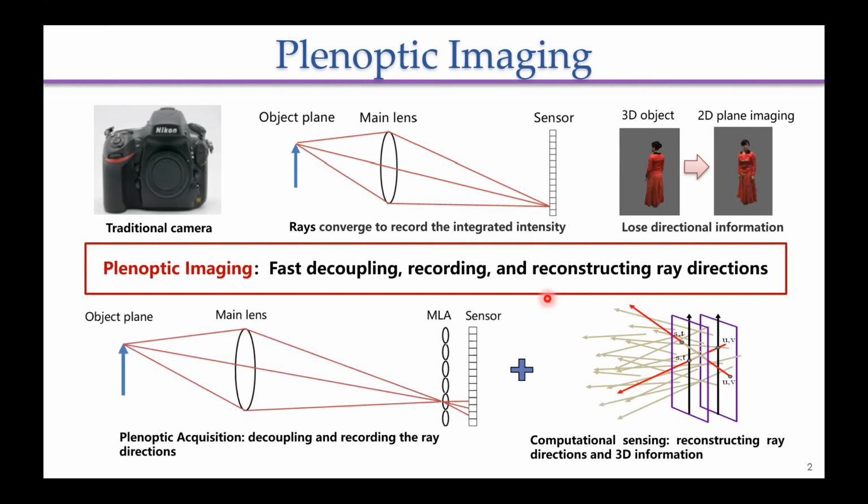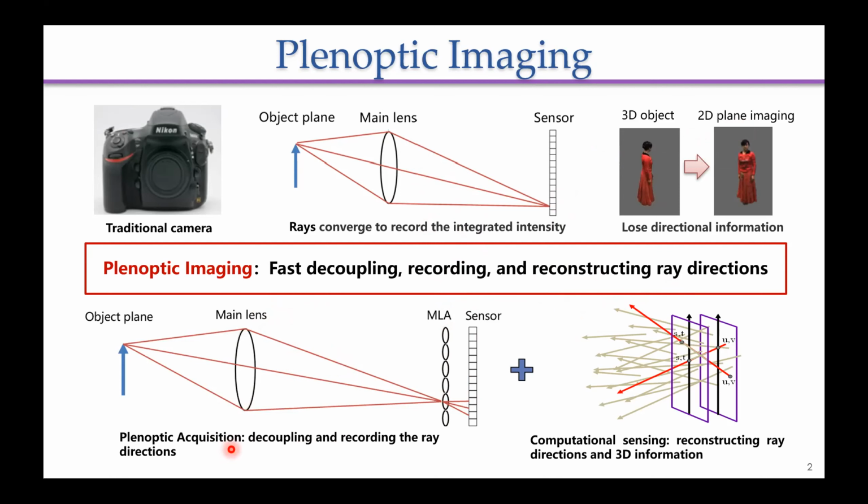Plenoptic imaging tries to first decouple the directional information in the light rays, record the direction of each ray, and finally reconstruct the ray directions. That is the major target of plenoptic imaging. To realize this, it generally has two steps.